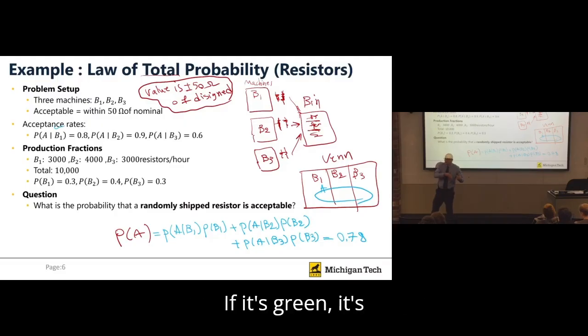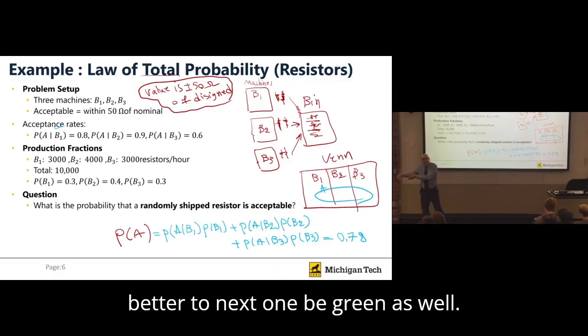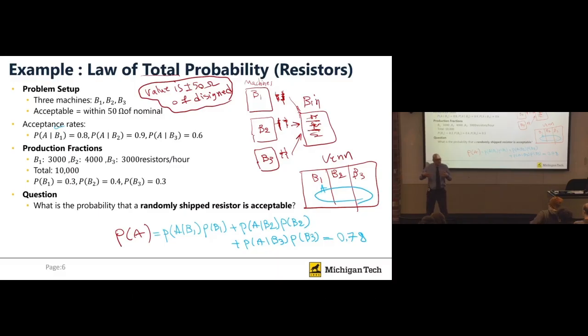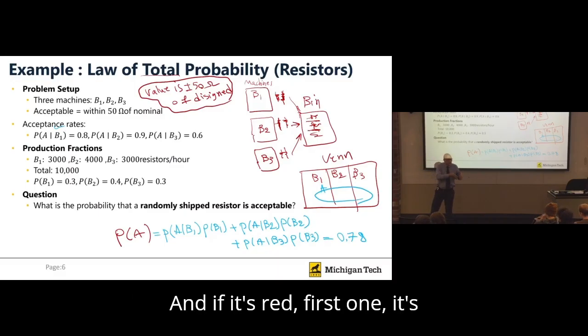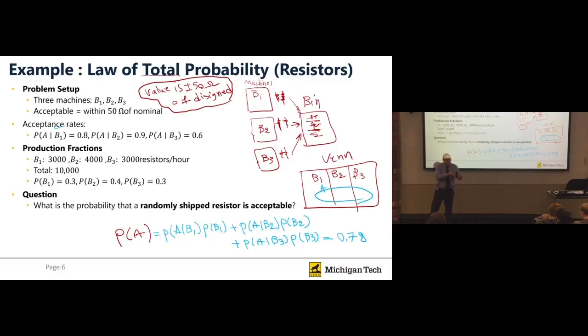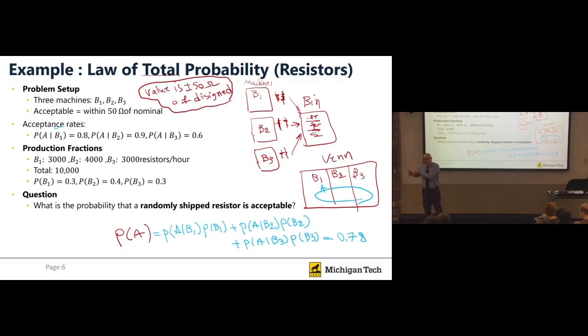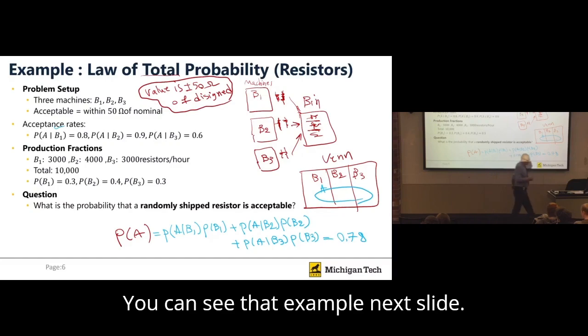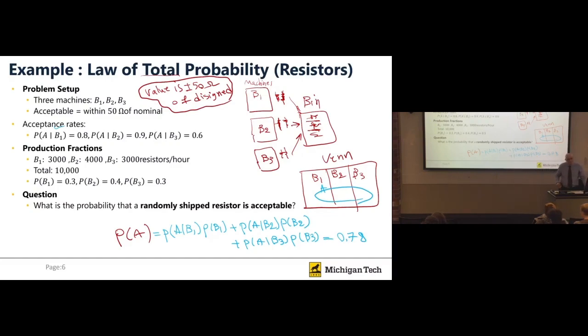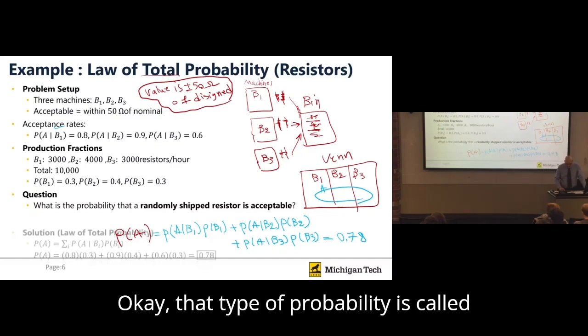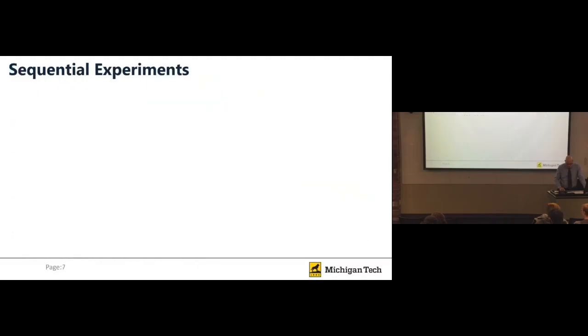If the first is green, it's more likely the next one is green as well. And if the first one is red, it's more likely the next one is red too. You can see that example in the next slide. That type of probability is called sequential.